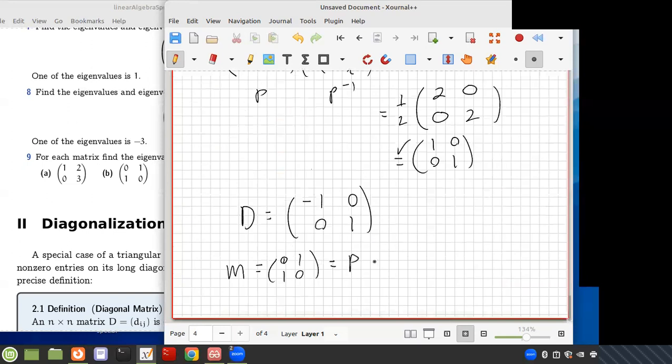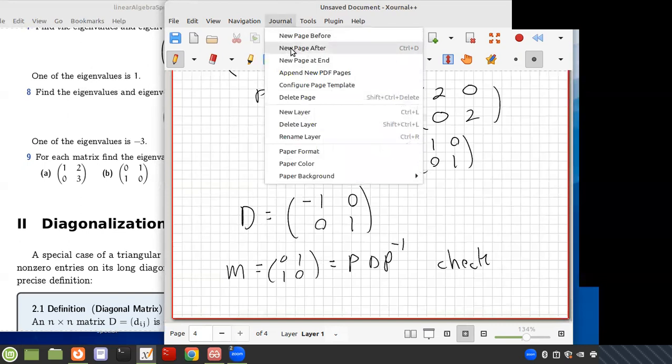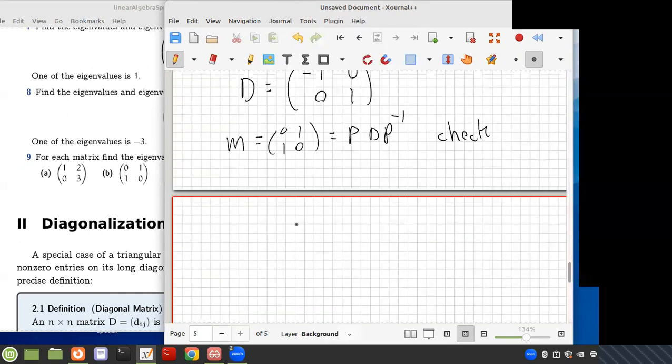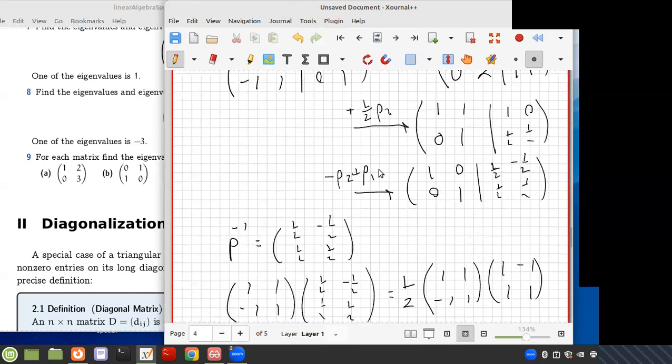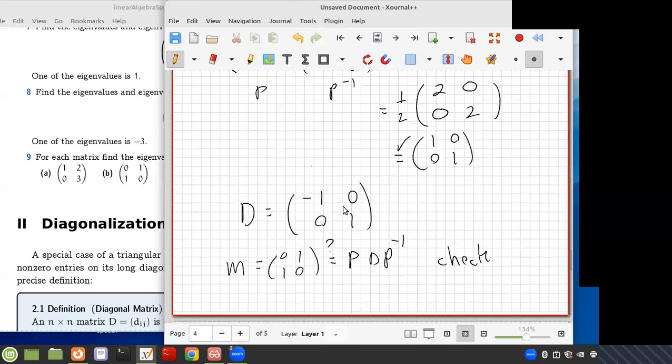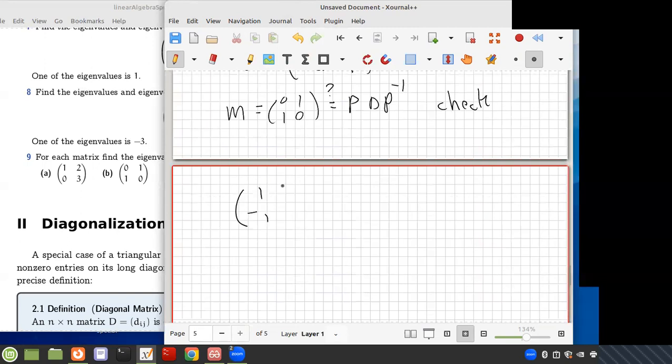Because if that's true, we can raise M to an arbitrary power. Okay, so the question is, is this the case? Well, what's P? P is 1, -1, 1, 1. The diagonal one is -1, 1, 0, 0.